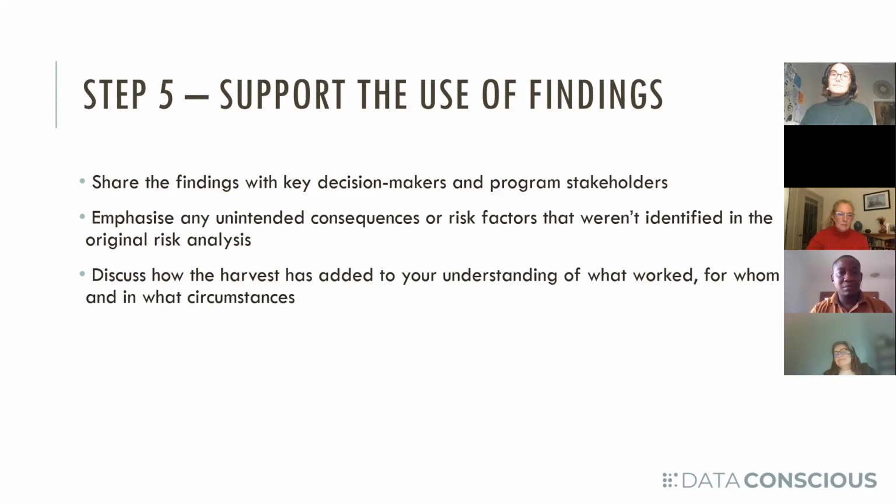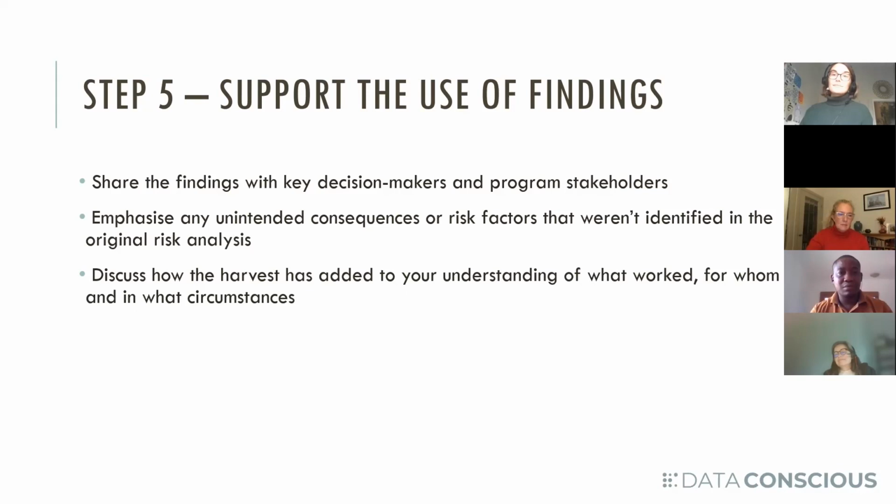People who have that decision-making power should be engaged in the dissemination of findings so that they have the chance to do that. Emphasize unintended consequences or risks that weren't identified in the risk analysis so that they can be overcome. And then discuss how the harvest has led to learning, right?